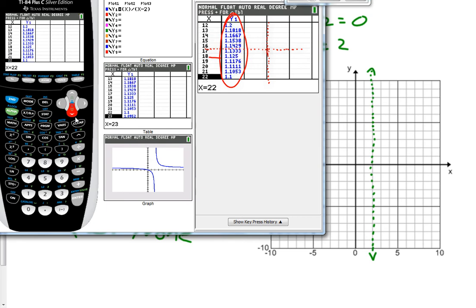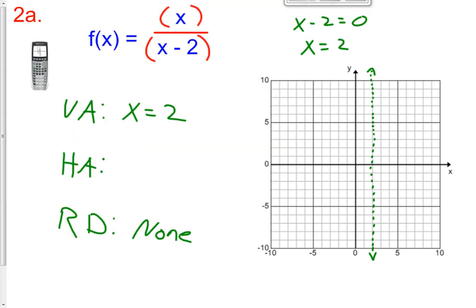But I promise you, you can press that down button forever, and you're never going to read the value of 1 in that y column. That is our horizontal asymptote. So that's what we're going to write down on our paper here. Our horizontal asymptote is the line y equals a positive 1. We're also going to put that on our graph paper in a dotted line. Y equals 1 is this horizontal line.